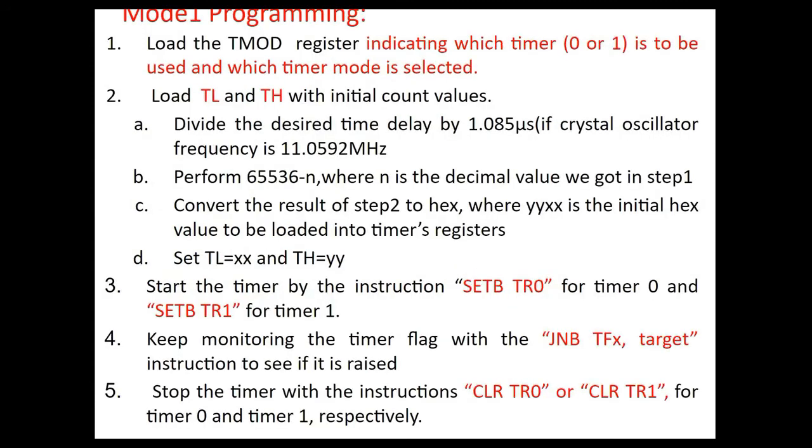First we'll see mode 1 programming, meaning what steps we follow whenever we use mode 1 to generate a delay or any pulse. These steps are very, very important. The first step is to load the TMOD register, that is, select the mode of the timer, whether we are using mode 1 or mode 2.